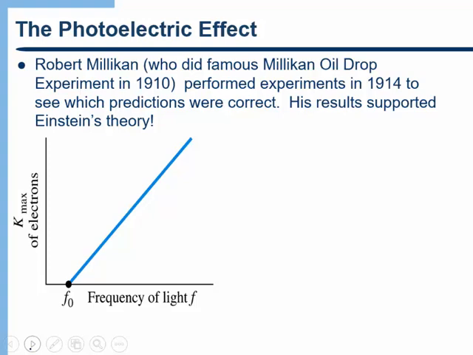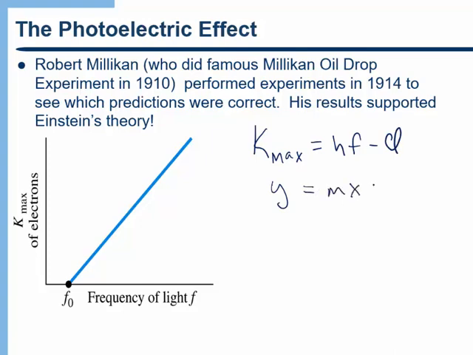In other words, when he plotted K max versus the frequency of the light, he got a straight line. And you'll notice that that's what we would expect. We said that K max is equal to hf minus phi. And of course, that's just an equation of the form y equals mx plus b.